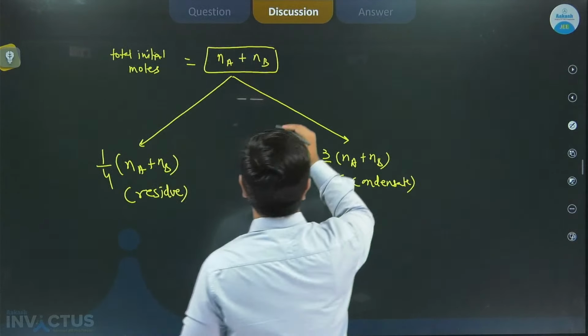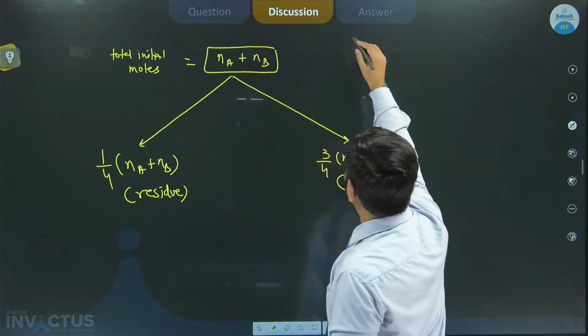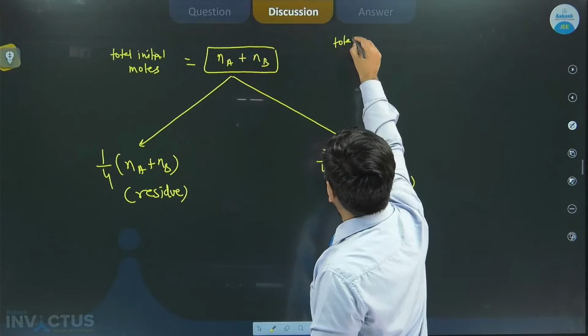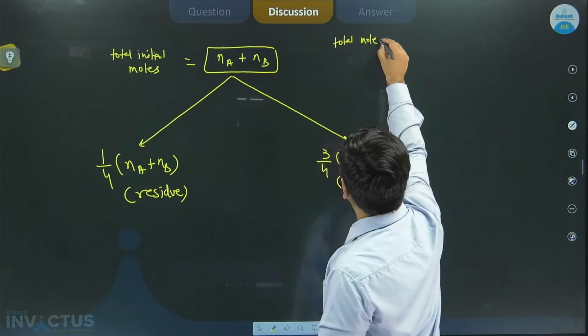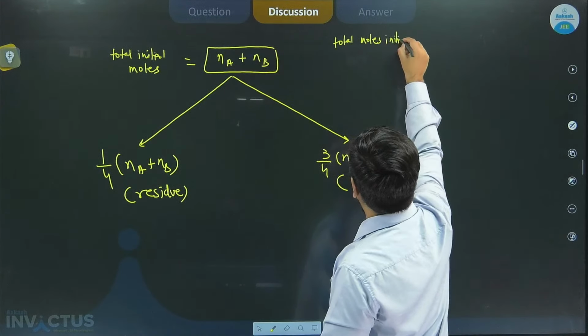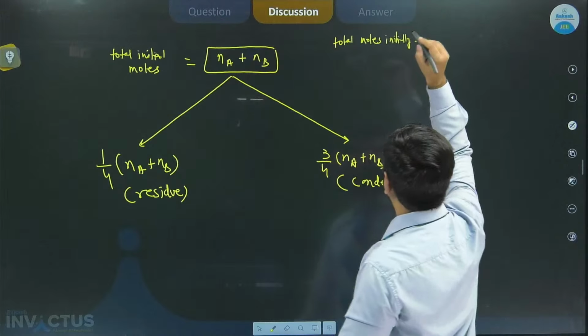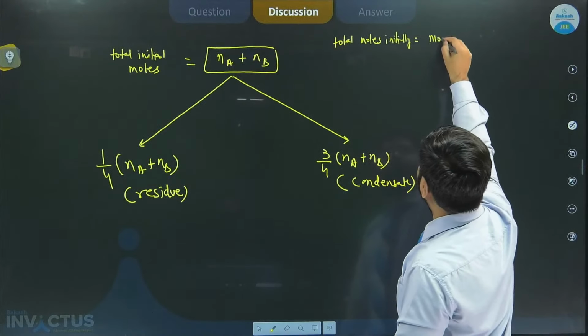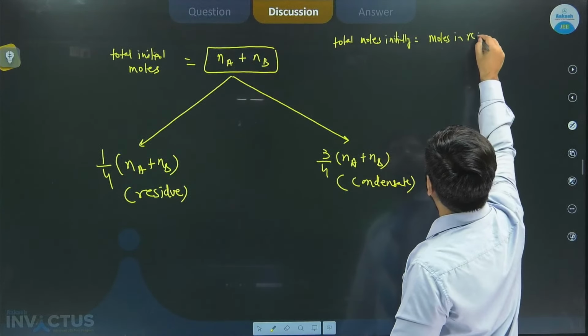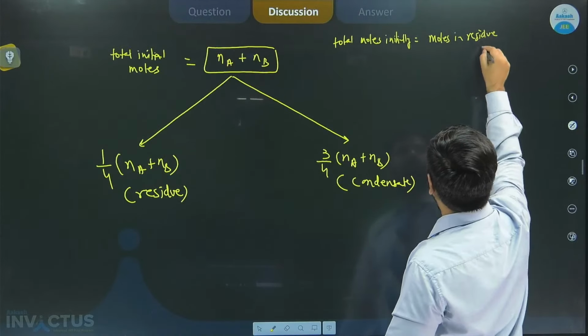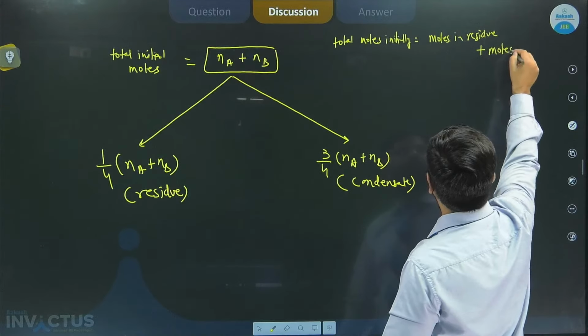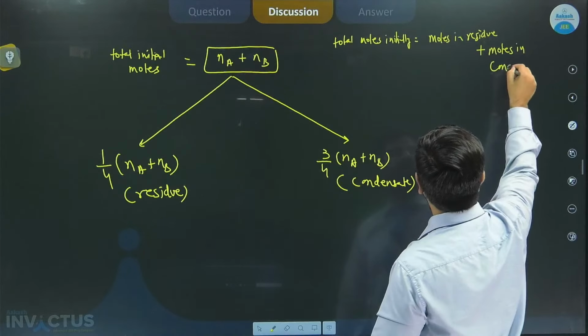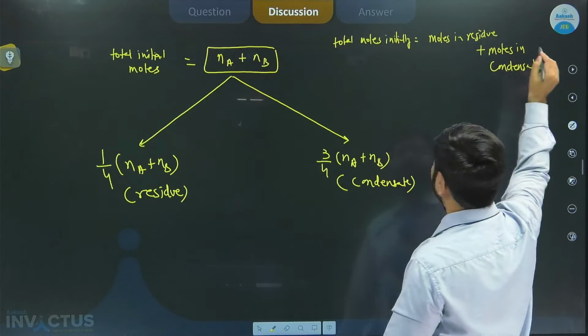Now we can say the total moles initially would be equal to moles in residue plus moles that went into the condensate, moles in condensate.